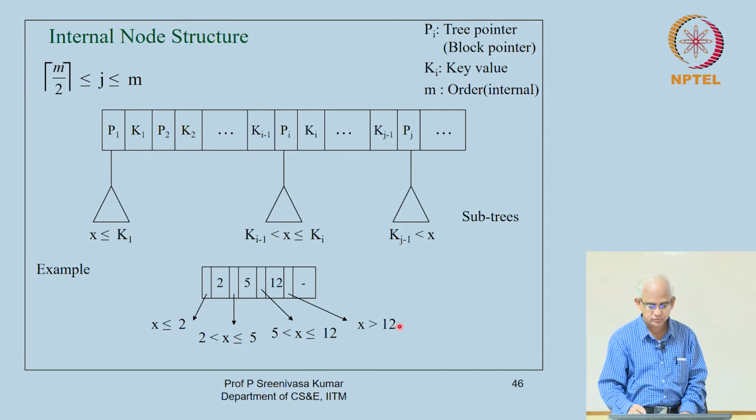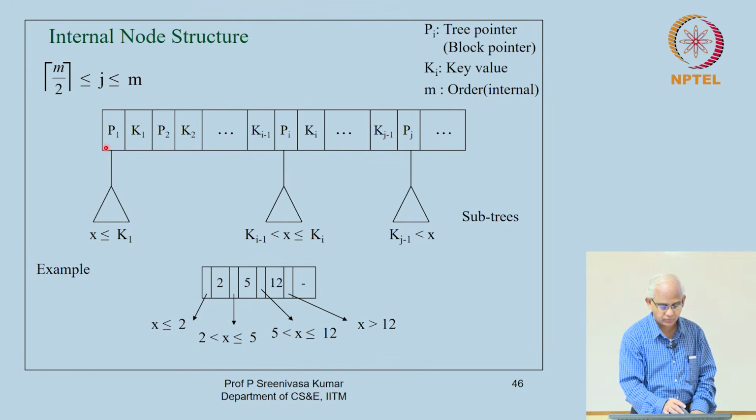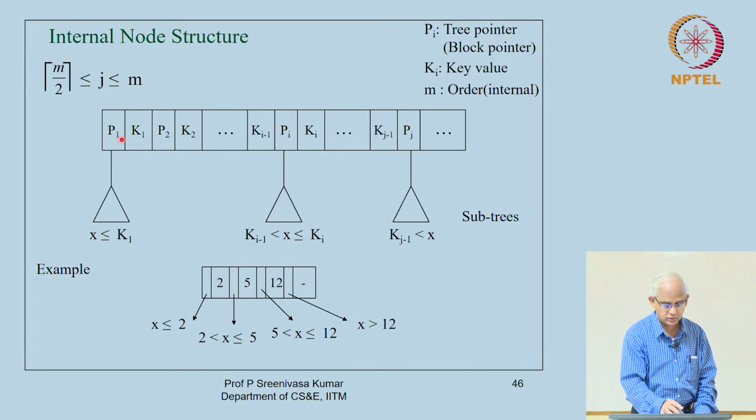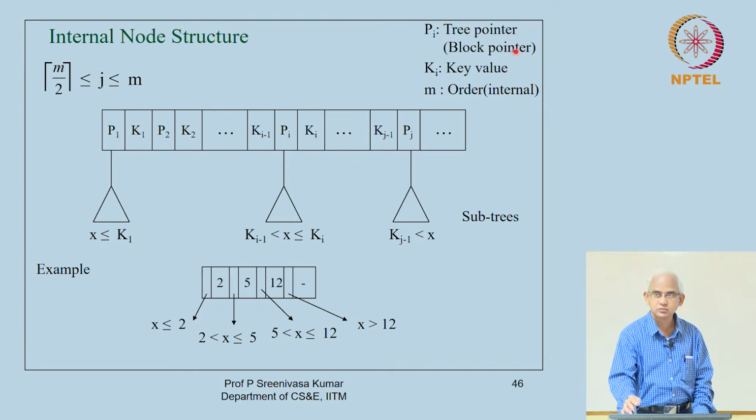Now, if you generalize this situation, you have P1, K1, P2, K2, etc. These K1, K2, Ki minus 1, Ki are all in sorted order. The keys are in sorted order. Okay. And each of these P1, P2 are tree pointers. They are in fact block pointers.